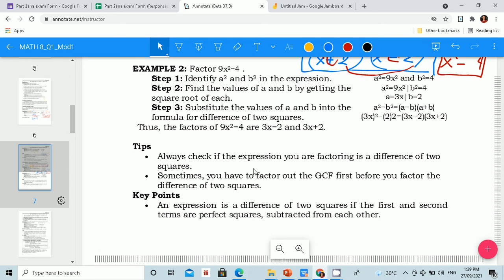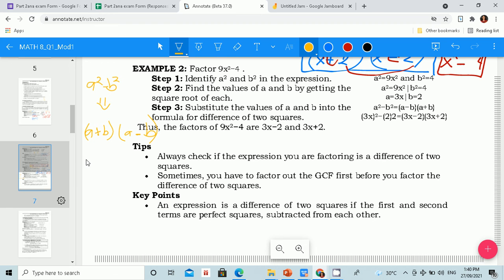So let's go here. What about the factor of 9x squared minus 4? Right, the factor of 9x squared minus 4. So class, again, the general formula is when a squared minus b squared, the factor is a times a, then we have b, we have here plus, and we have here minus.